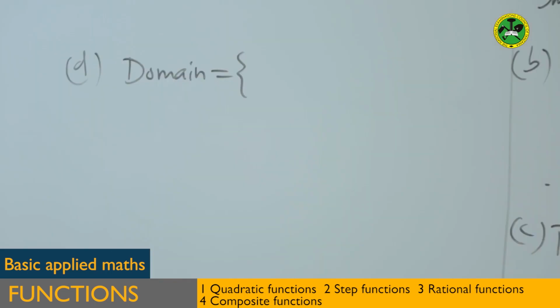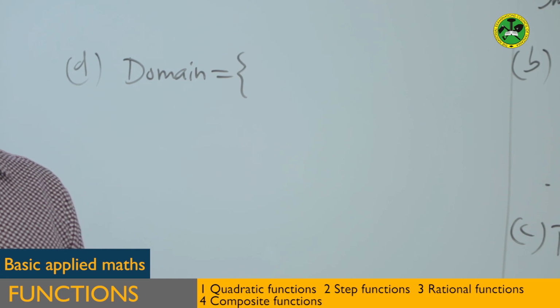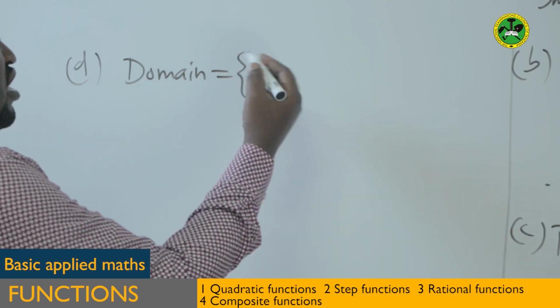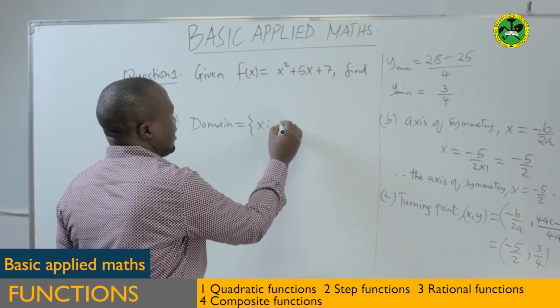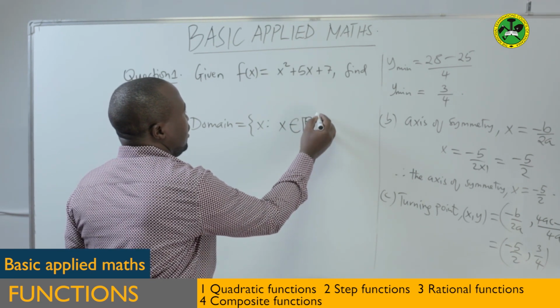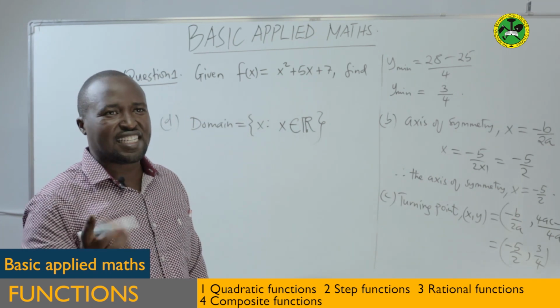For a quadratic function, the domain is the set of all real numbers of x. Therefore here we just say x such that x is a set of real numbers.